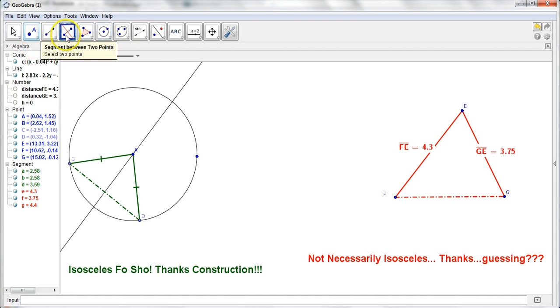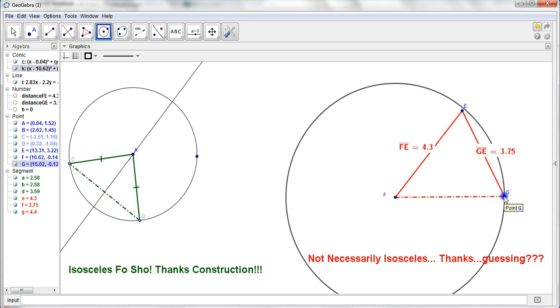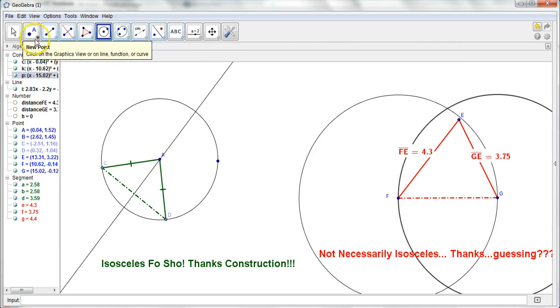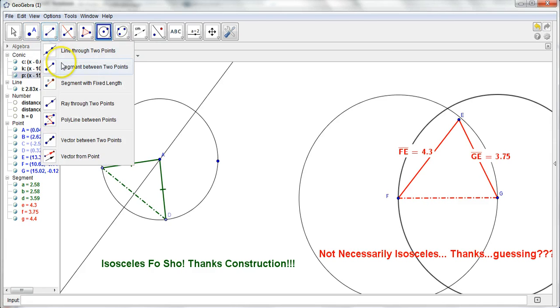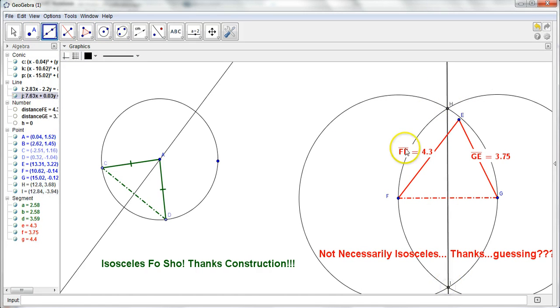So maybe I'll use my construction process. If I construct the perpendicular bisector of this segment, I'm going to make a circle centered at F that goes to G, and I'm going to reverse that. Okay, so now I can see the two intersections of my circles, so I know that my perpendicular bisector is going to go through those. So that cuts that segment in half.